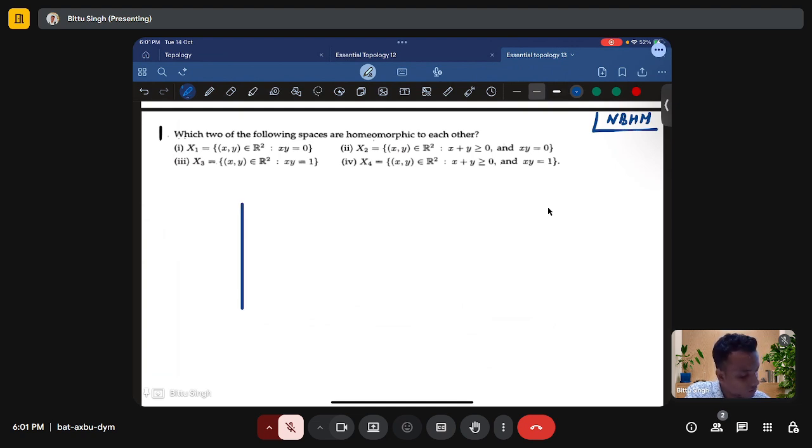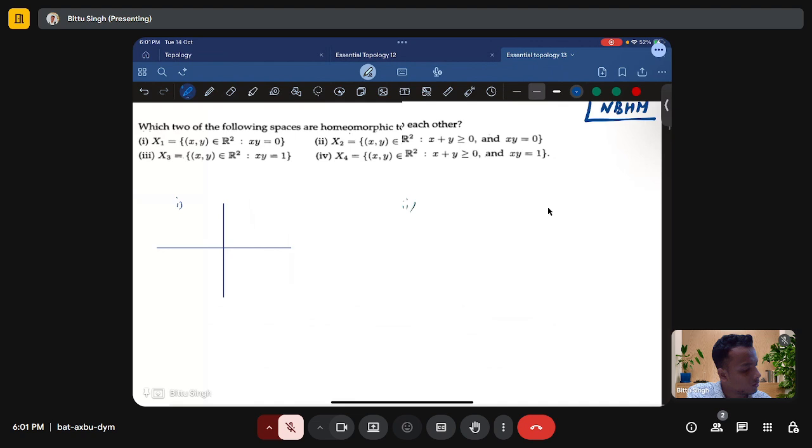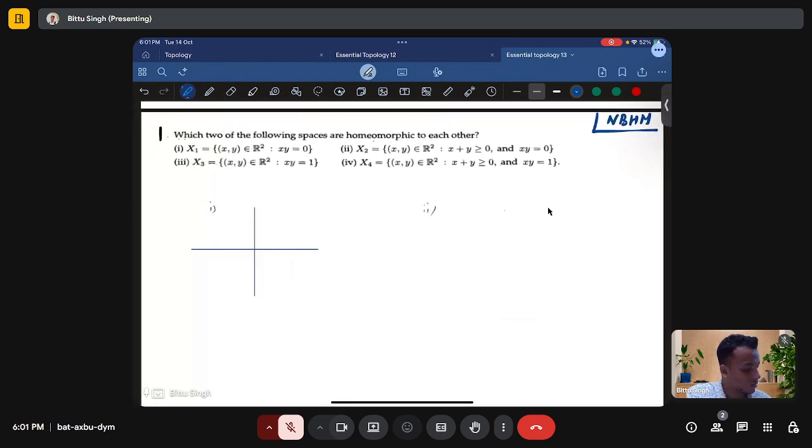The first one is given by x times y equal to 0. So graphically it is represented by the x and y axis. This is one. The second one says x plus y equal to 0 and xy equal to 0.